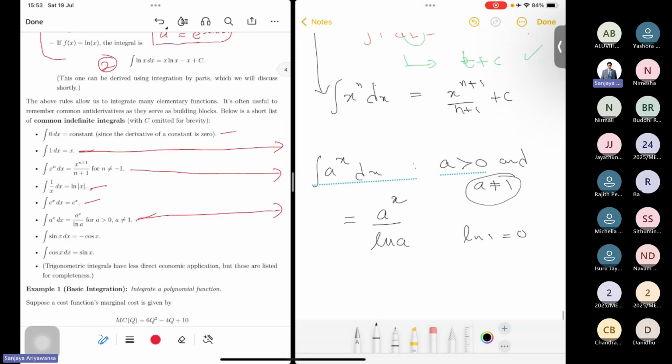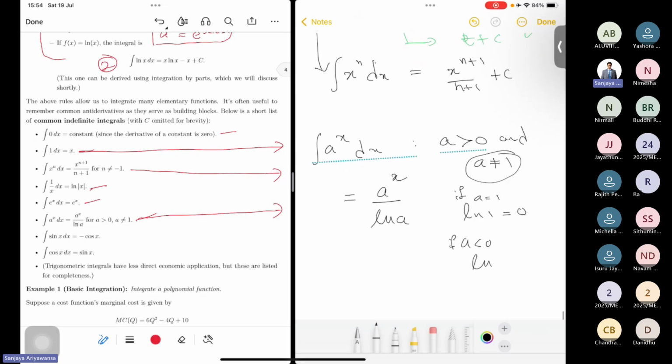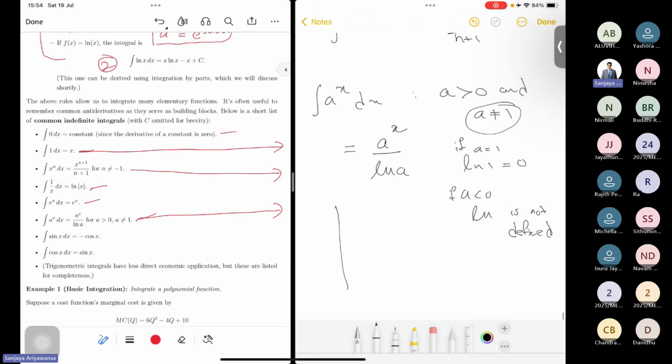If a is equal to 1, you get log 1 equals 0. If a is negative, then your log function is not defined, right? So it's important that you understand what your log function is. Your log function is only defined for positive x, right?